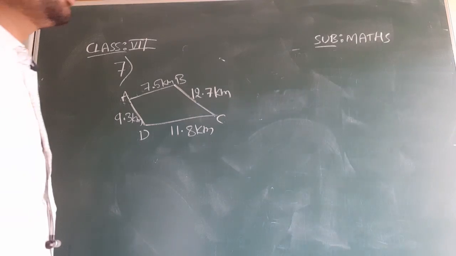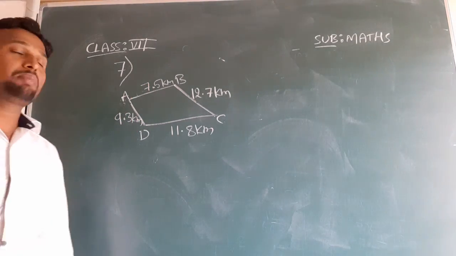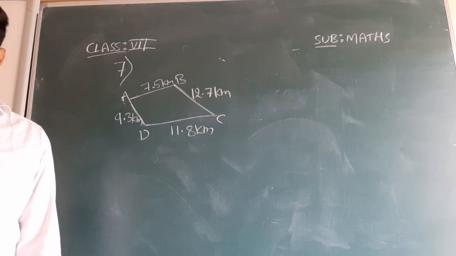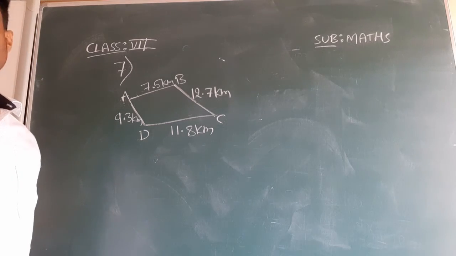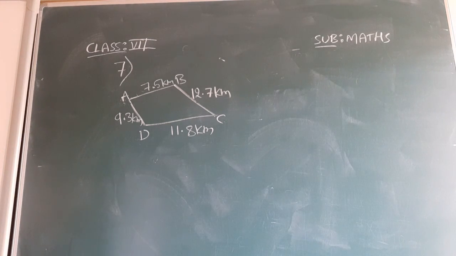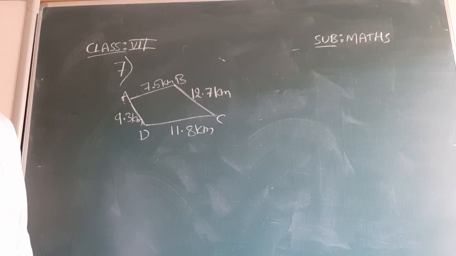So you will get the distance travelled by both Dinesh and Ayub, and you have to compare those values because they are asking who travelled more. Then you have to tell by how much distance there is a difference between those two people.